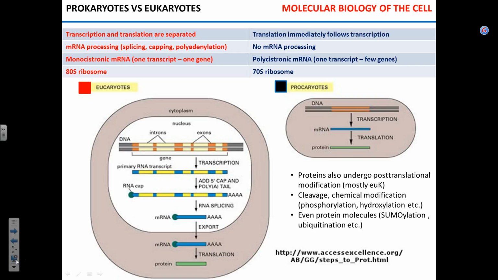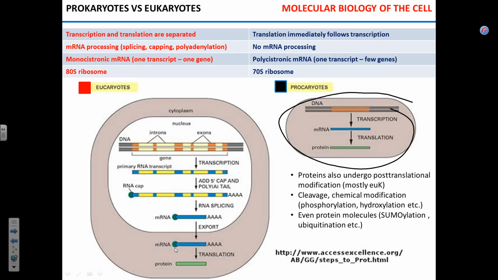Okay, so on the left, the red is eukaryotic. You can see it right here. And on the right, the black is prokaryotic. Okay, so let's take a look what's the difference.